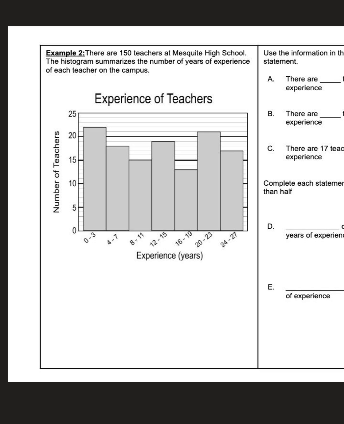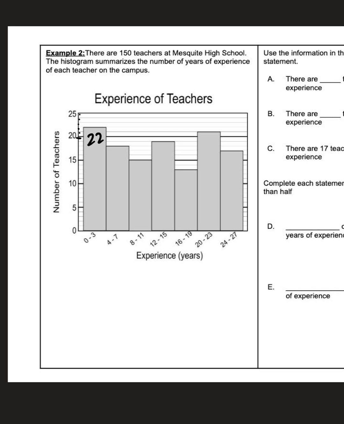So, again, I've got my buckets down here at the bottom. For the first one, it's 0 to 3 years. How many teachers have 0 to 3 years? Go ahead and take 10 seconds. I got 22, and I'm going to make sure that that's correct because this needs to be 20, 21, 22, 23, 24, 25. Okay, that matches.